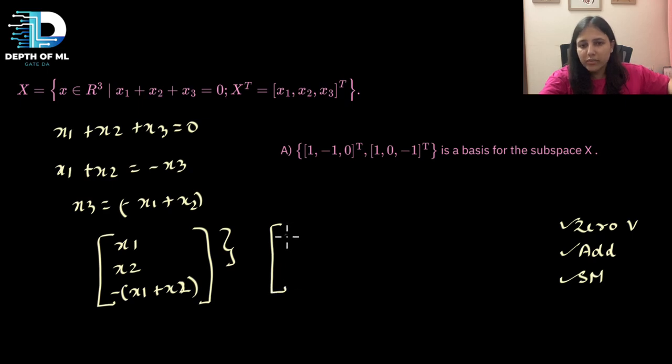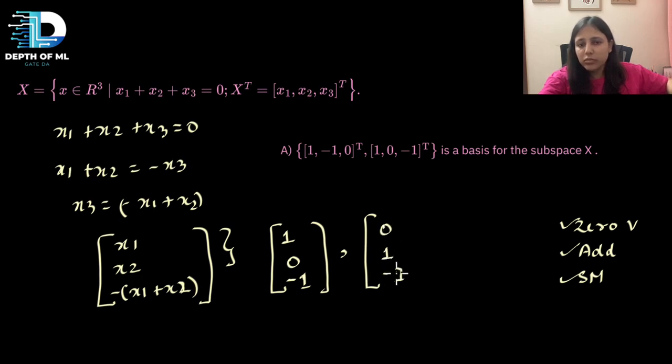So one vector will be of the form, say, 1, 0 and minus 1, right? So this is one vector. The other is, if you are going to find the basis of this, maybe this will also form the basis of that.